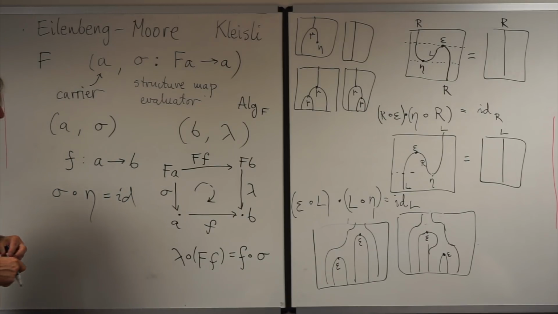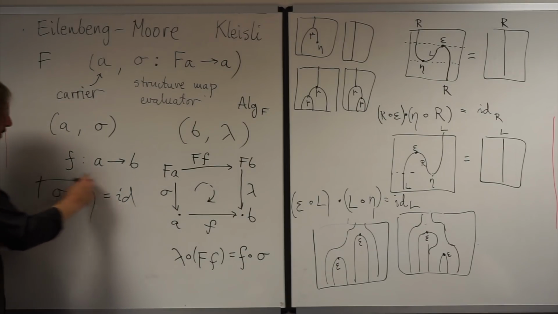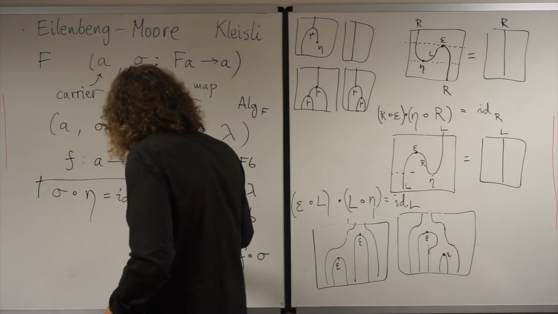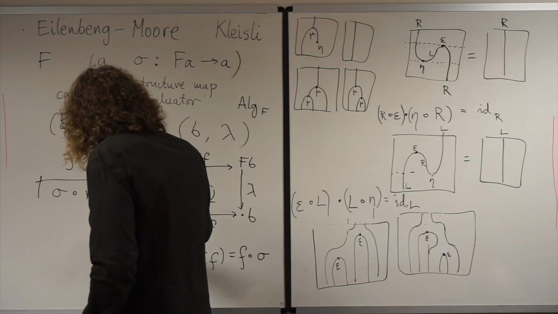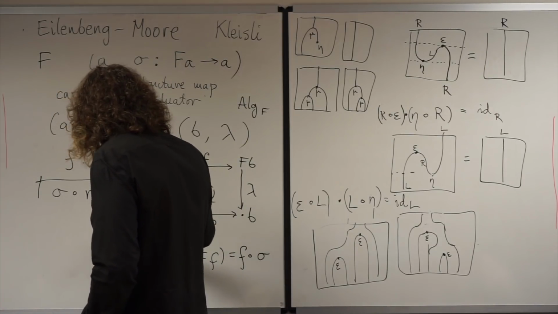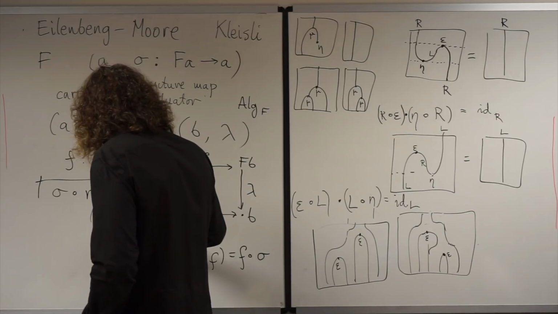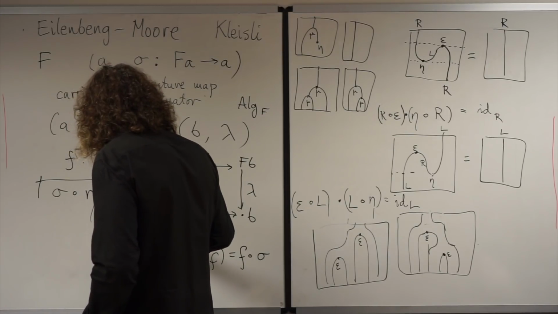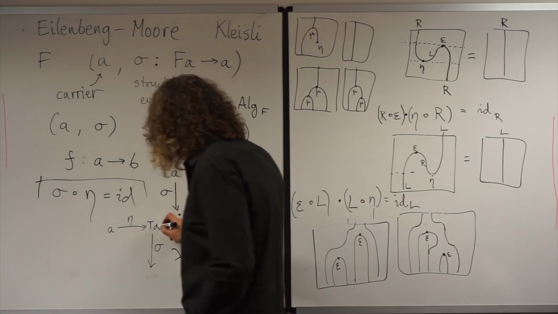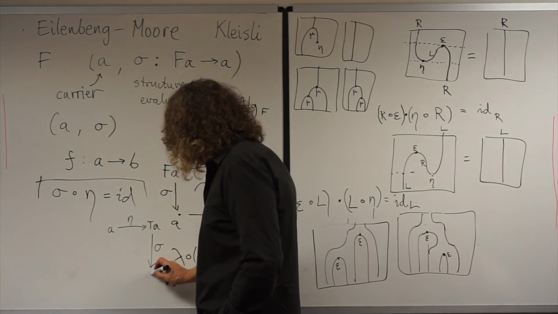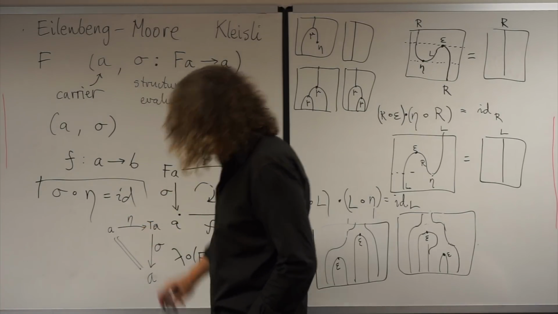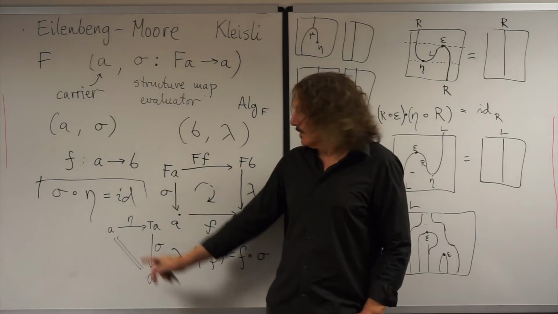I can draw a diagram. I start with A, eta gives me TA, and sigma evaluates TA to A. And now I want these two to be equal. So that's a condition.